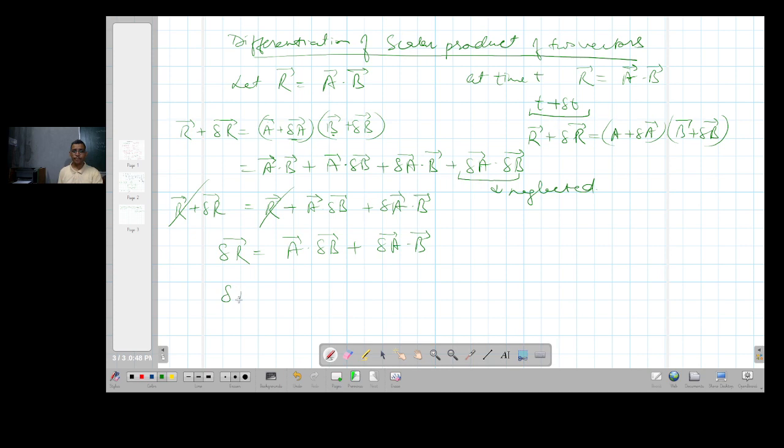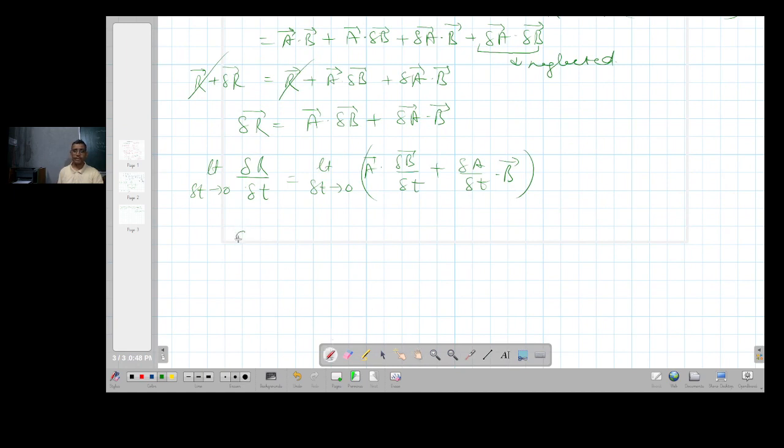Now dividing both sides by delta t and putting the limit delta t approaches 0, a will remain as it is, so a dot delta b over delta t plus delta a over delta t dot b.